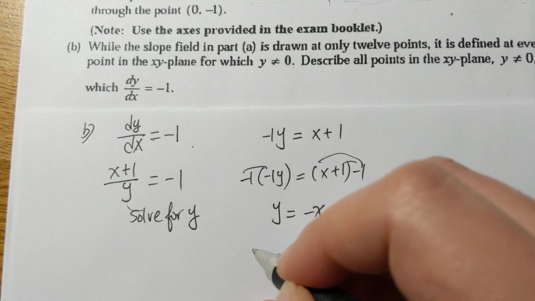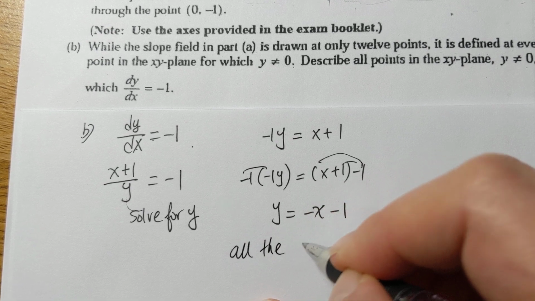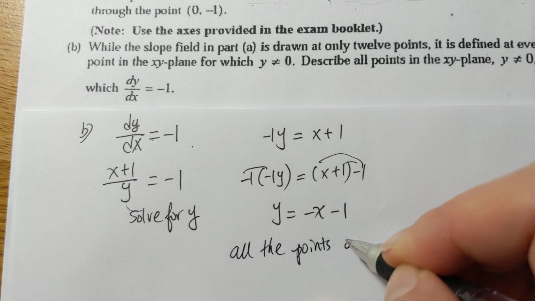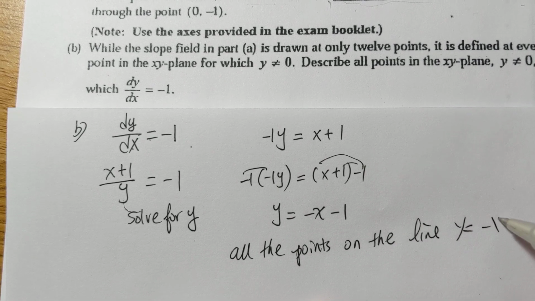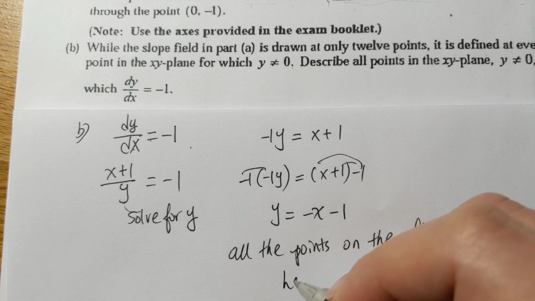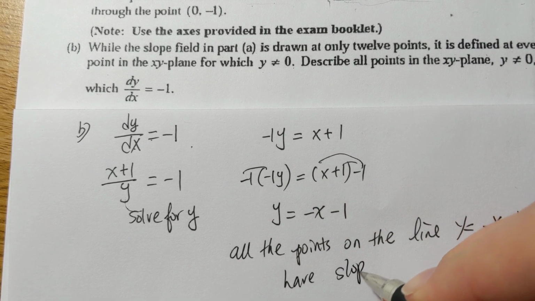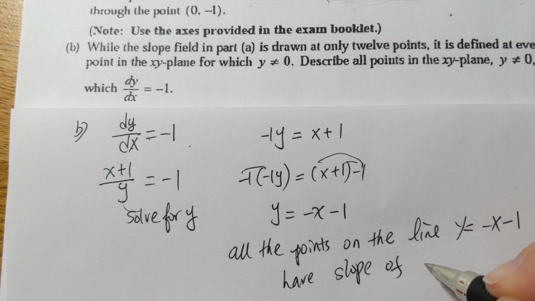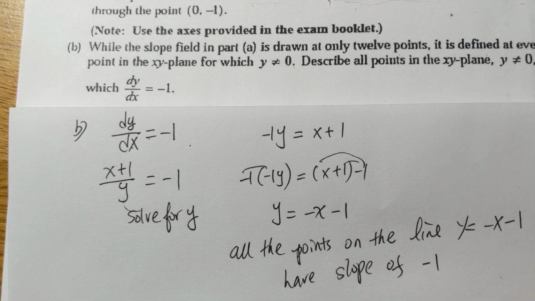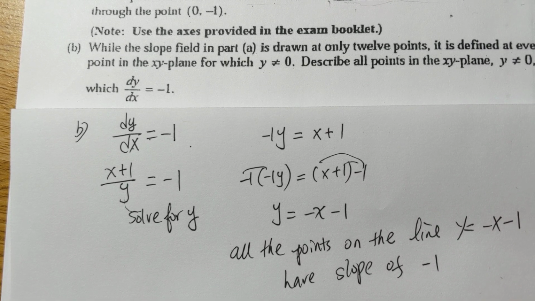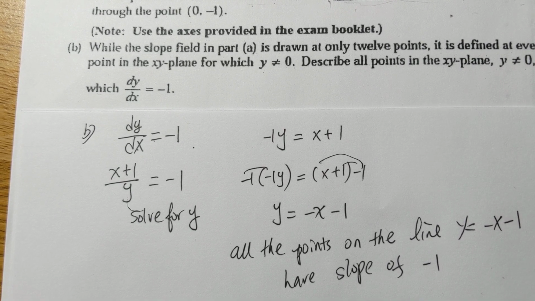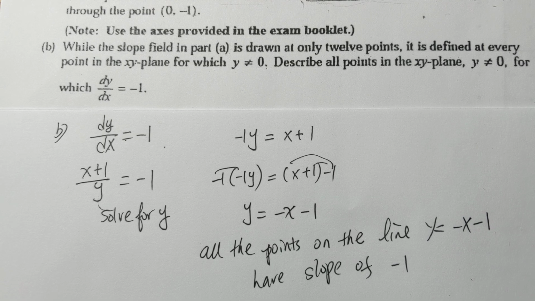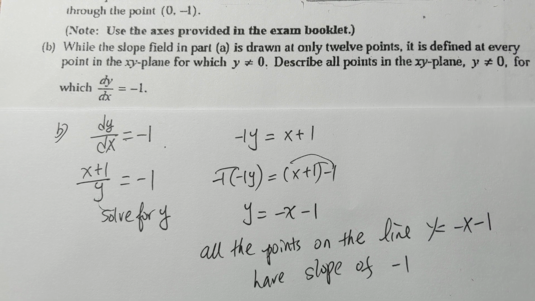That means all the points on the line y equal to -x minus 1 have slope of -1. So we found all the points, the infinite number of points. Now we're ready to go to part C.